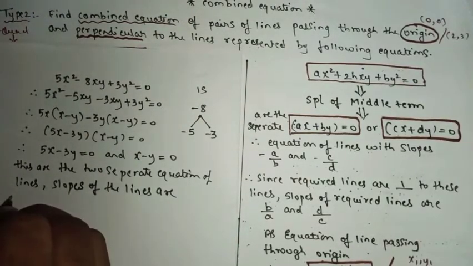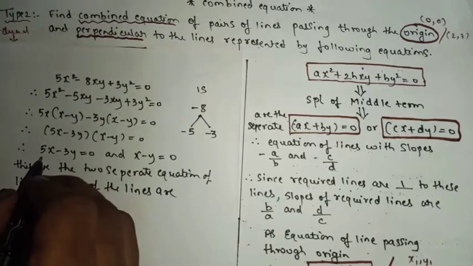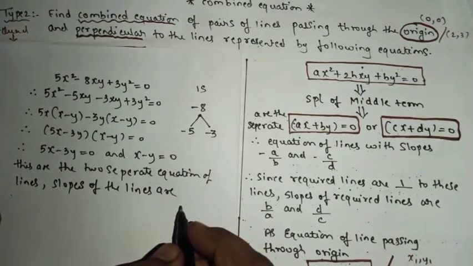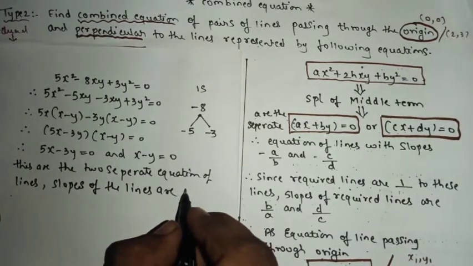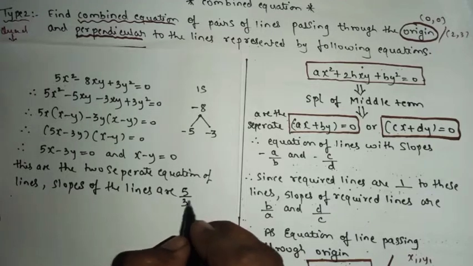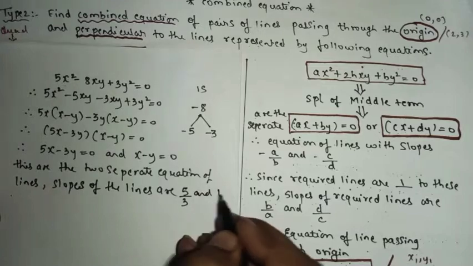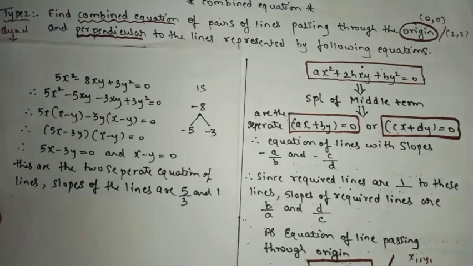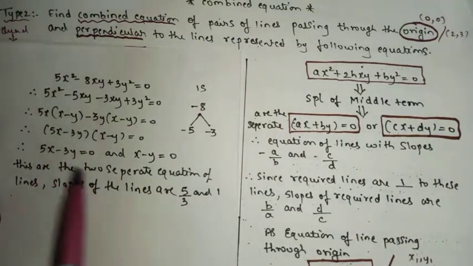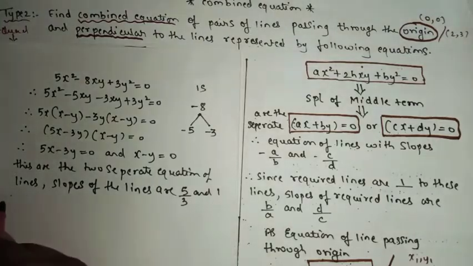So what will we get as the slope of the line? For this the answer will be what? 5/3. Yes or no? And for this the answer will be what? 1. So here how did you get the value of the slope as 5/3 and 1?